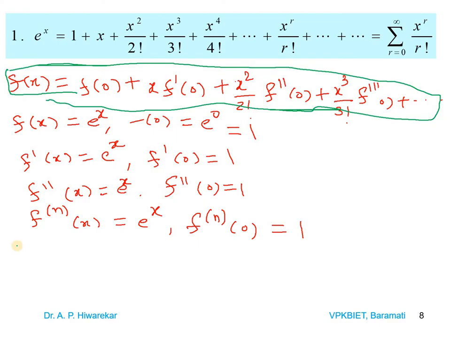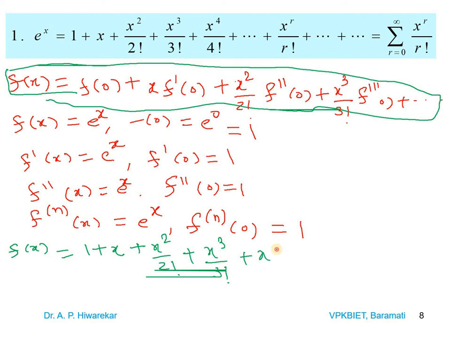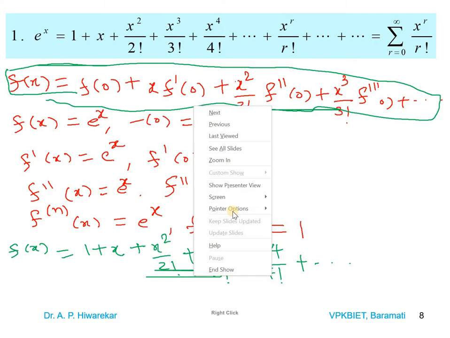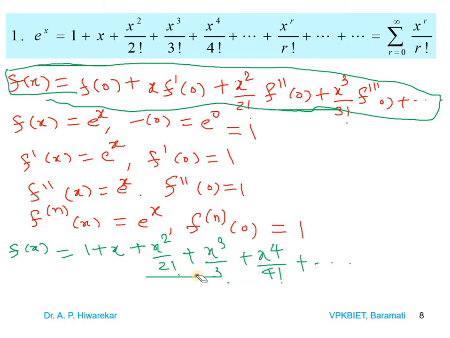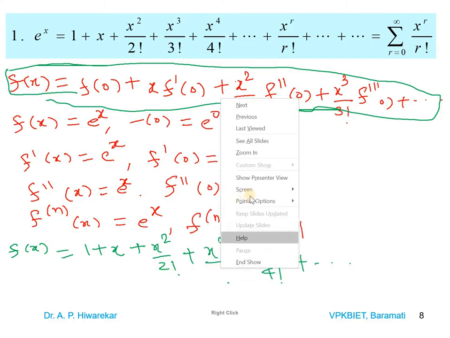You will get f(x) is equal to 1 plus x into f dash of 0, which is also 1, plus x square divided by 2 factorial into 1, plus x cube divided by 3 factorial into 1, plus x to the power 4 divided by 4 factorial into 1, and so on. So we get this particular series as the final expansion.